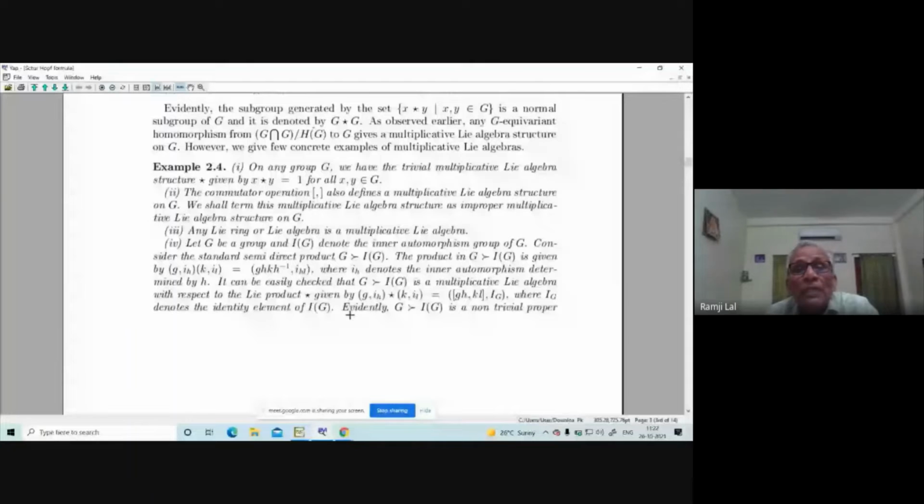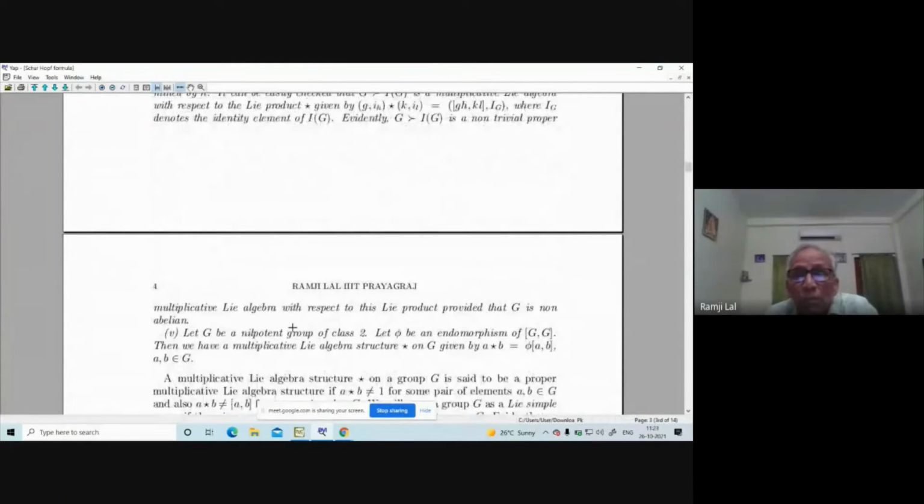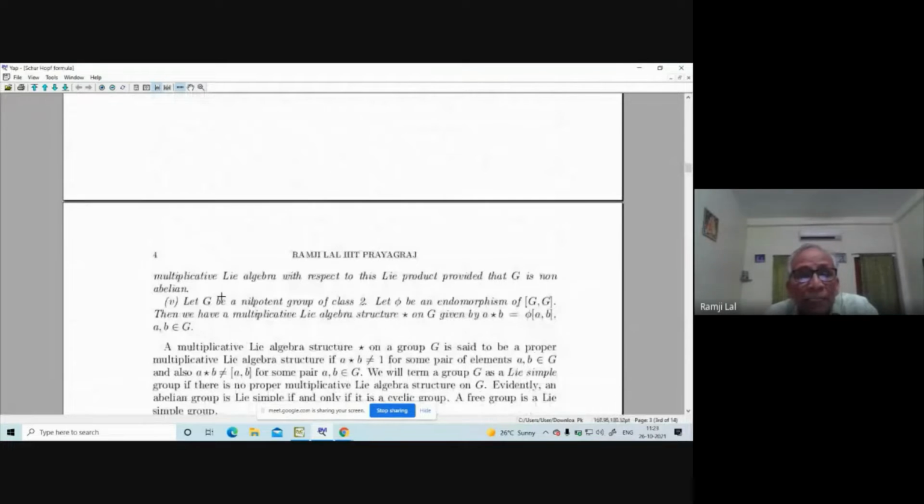Indeed, one can observe what kind of map from G wedge G to G defines this Lie algebra structure. Evidently, this is a non-trivial proper multiplicative Lie algebra with respect to the Lie product defined over here. And if you take G to be a nilpotent group of class 2 and phi an endomorphism of G to G, then we have a multiplicative Lie algebra structure on this given by this.